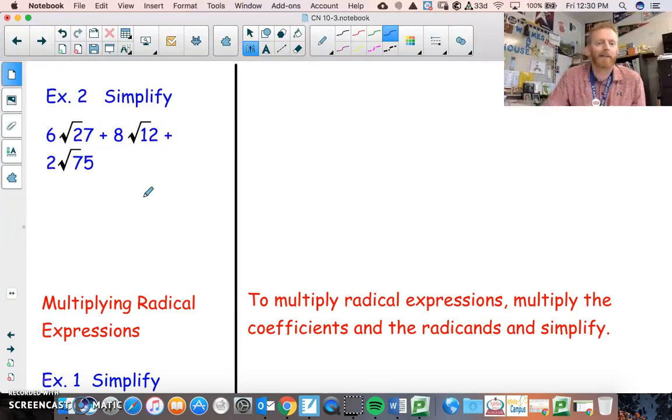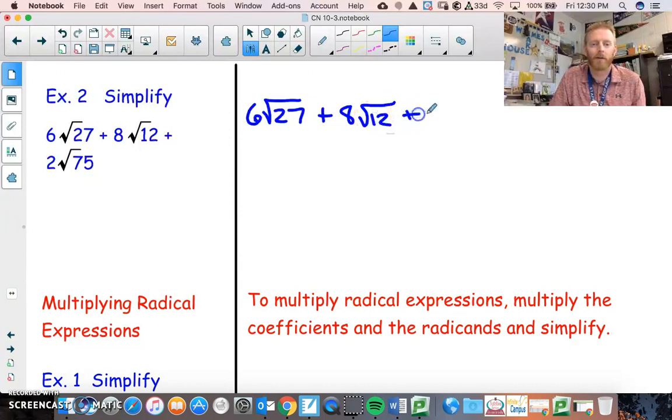All right, on example 2, our job is to, again, combine like terms that we have. And in this case, we have some square roots that aren't so beautiful like the last ones. Actually, they're pretty nice, but we just need to simplify them first.